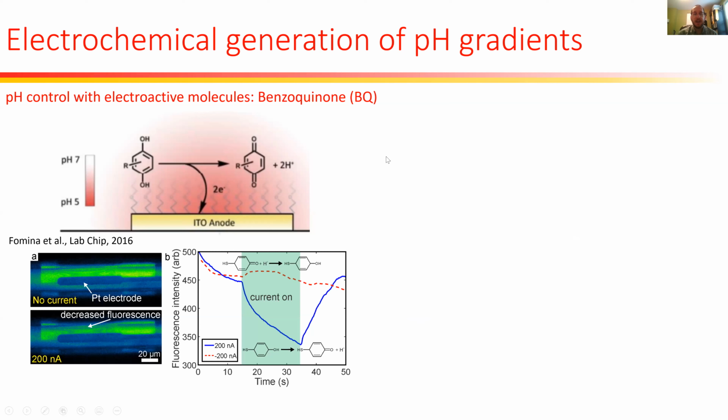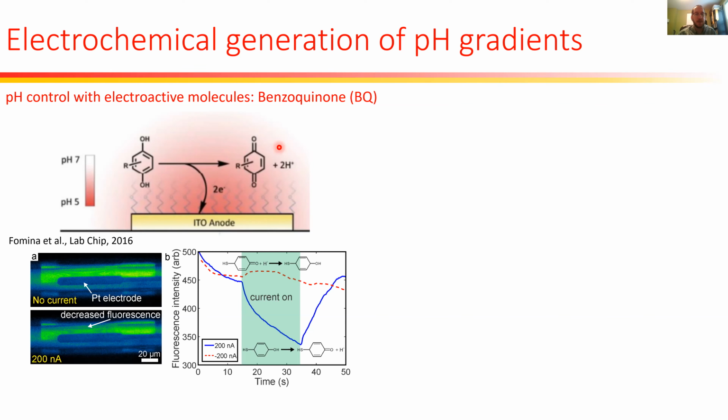So we've been working on actively generated electrochemical generation of pH gradients. And this was really interesting to us given how much pH affects EHD flow and EHD assembly. So we've been using these molecules called electroactive molecules. The most vanilla one you can think of is benzoquinone.